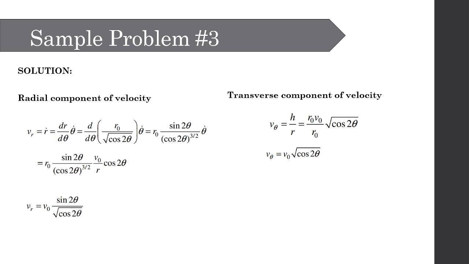So v_r is equal to v_0 sine 2 theta over the square root of cosine 2 theta. And in the transverse component, we have this: velocity v_theta is just equal to h over r, where h is r_0 times v_0 over r_0 times cosine 2 theta.